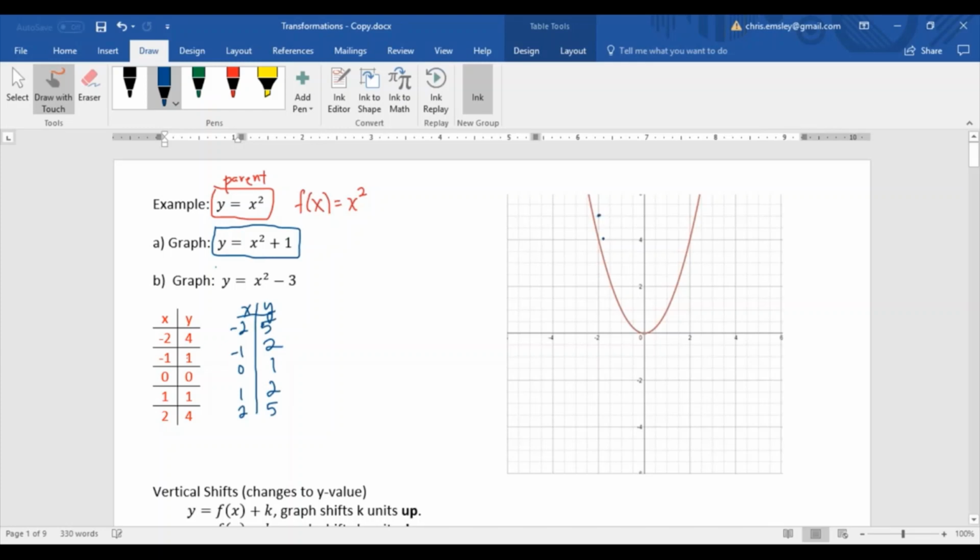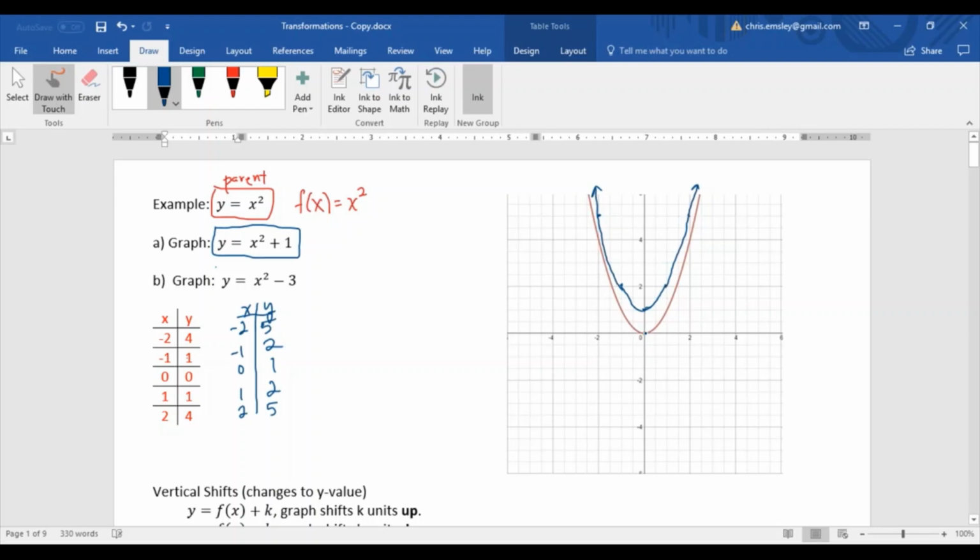Negative 2, 5. Negative 1, 2. 0, 1, 1, 2, and 2, 5. Forgive my drawing skills, they are not the best on here, but if we connect those points as well as we can, hopefully you can see that what we end up with is the same shape we had in our first function.